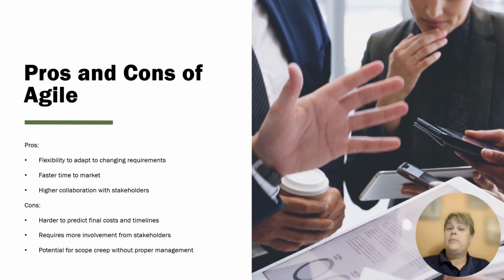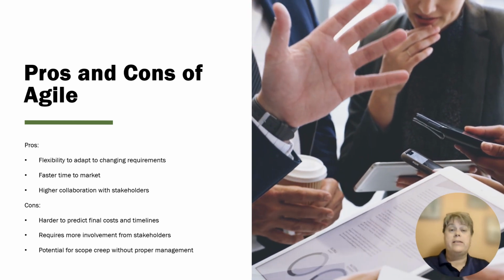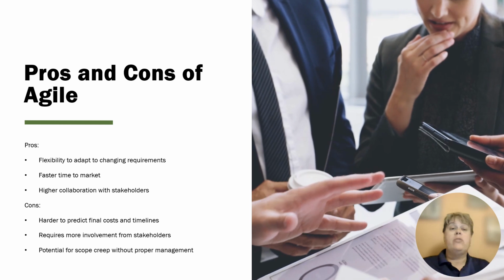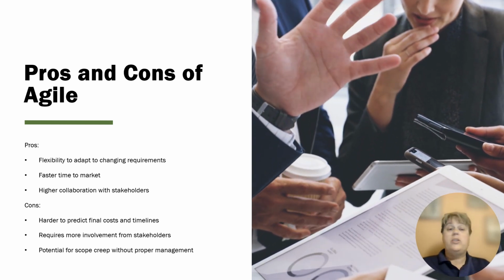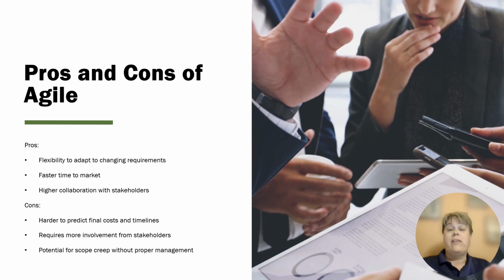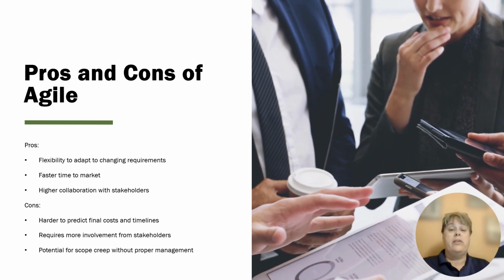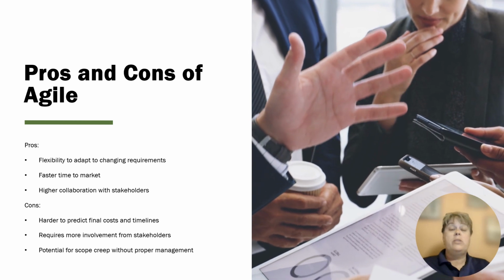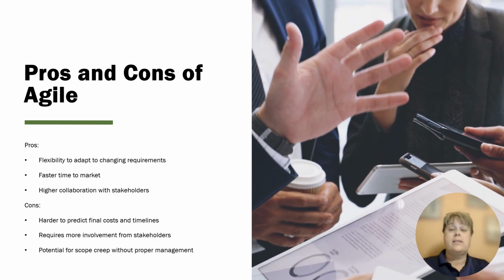One of Agile's biggest advantages is its ability to adjust to changing requirements. Since the product is built incrementally, it's easy to make changes as you go, which is important when stakeholders are providing their feedback. It also allows for faster delivery of working software, which means we can start using parts of the system earlier in the process.